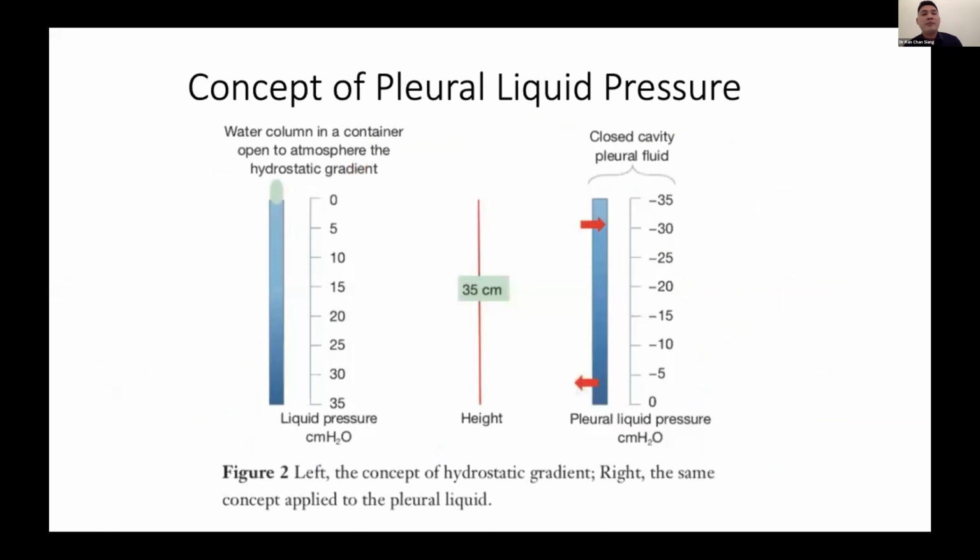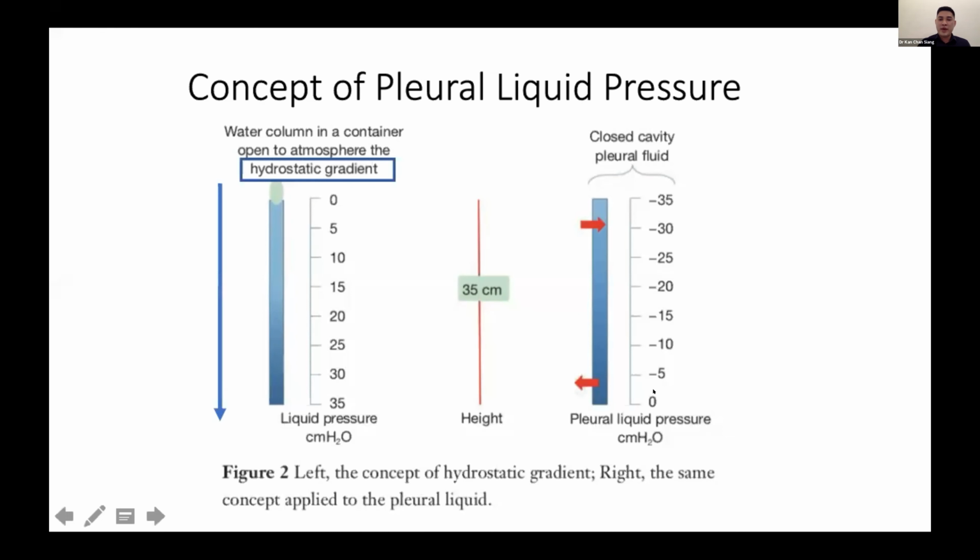Okay, so now I'm going to talk about the concept of how we know about the pleural liquid pressure. Given a gravitational field, take a container with a water column where the fluid is static, which means there is no flow. In this container, for every 1 centimeter going down from zero, which is the surface, you will have an increase of 1 centimeter H2O pressure. This is what we call the hydrostatic gradient. Now, one can easily apply it in reverse to the pleural cavity.